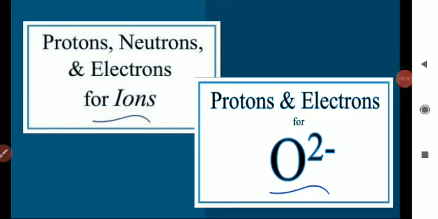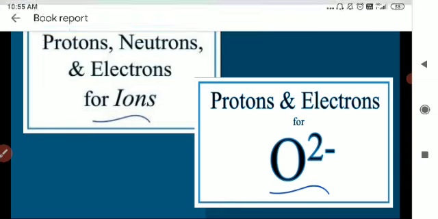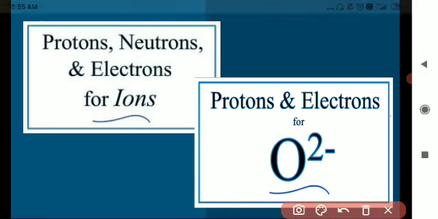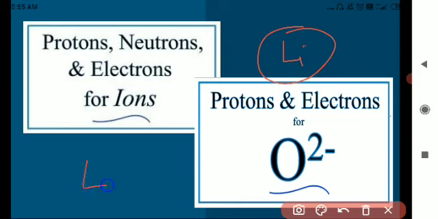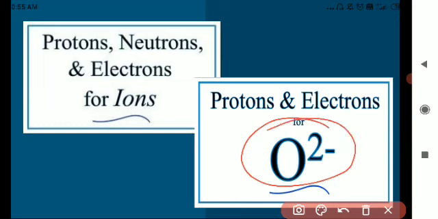So one thing you see, how to calculate the number of protons, neutrons and electrons when it is an ion. At first I told you, when we were talking about lithium, I considered it as a neutral atom. But what will happen if there is a plus or minus charge present?